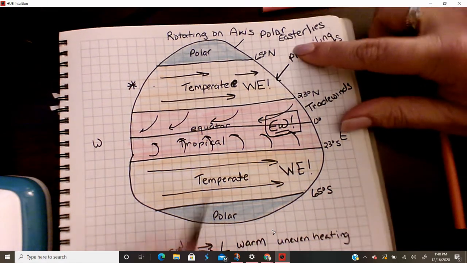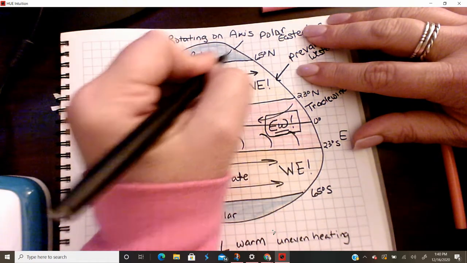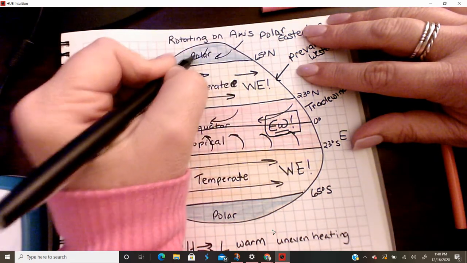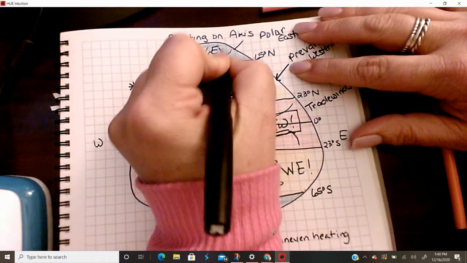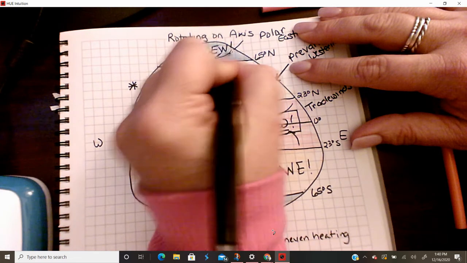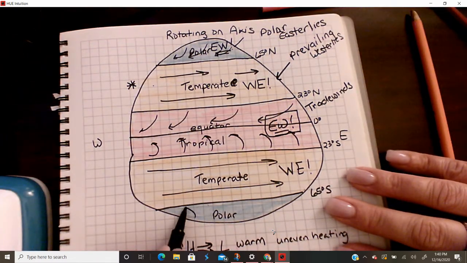But the polar easterlies, those also go from east to west. L. See, they're L too. So if you see that for an answer choice on your EOG, don't pick it. It's not going to be right, right?